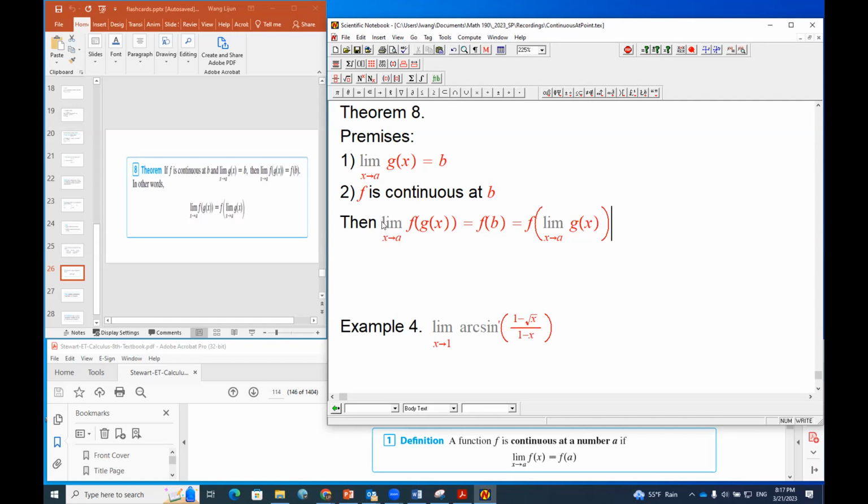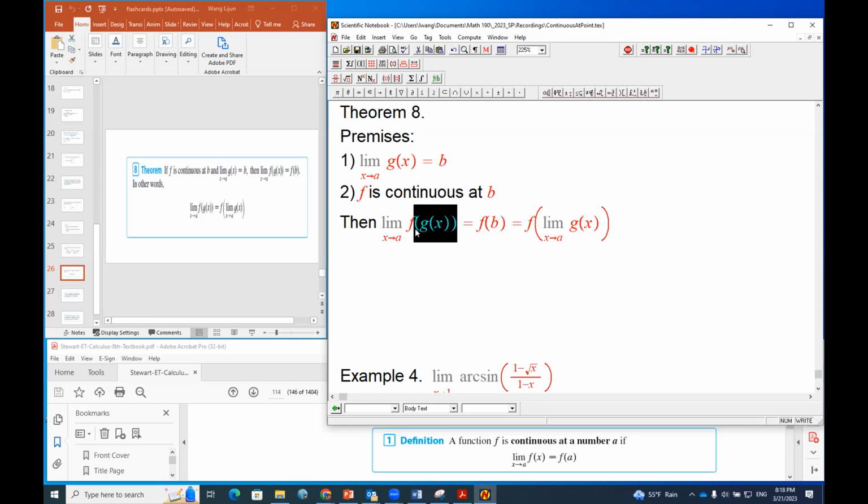You can take this limit through F and put it inside the parentheses of F. What does that mean? We're going to show you by example. Example number 4 would be the example we're going to talk about. But before we do that, look at F composite G.